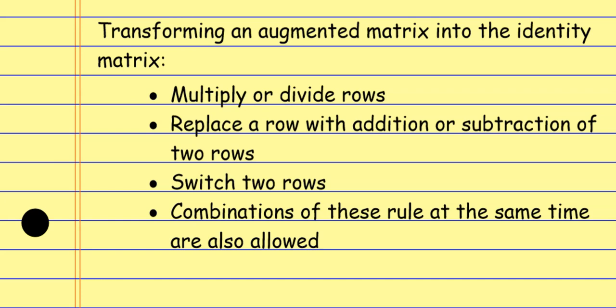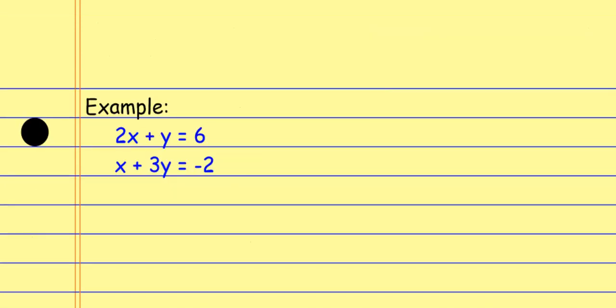For example, if I look at this one, this is a system of equations, and you could solve it by substitution or elimination. I'm going to write it as an augmented matrix. So I've got 2, 1 equals 6, and 1, 3 equals negative 2.